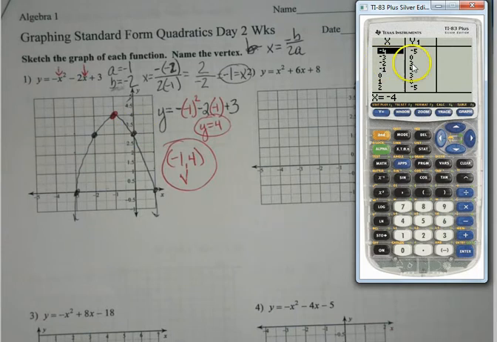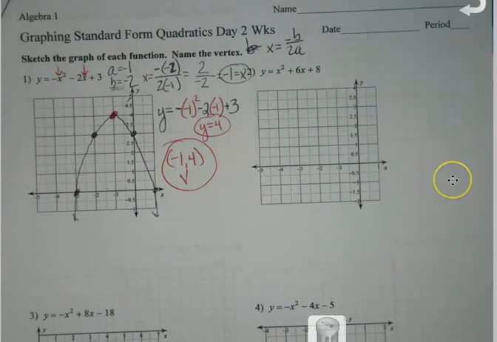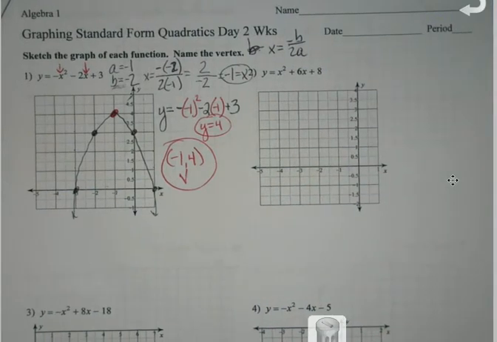At negative 2, my point's at 3, just like it is here. At 1, my value is 0. So I still can use the calculator as my backup plan if I need it. But otherwise, I can just use that pattern that we've talked about before. I don't even need the calculator at all for anything. That's a pretty good deal.